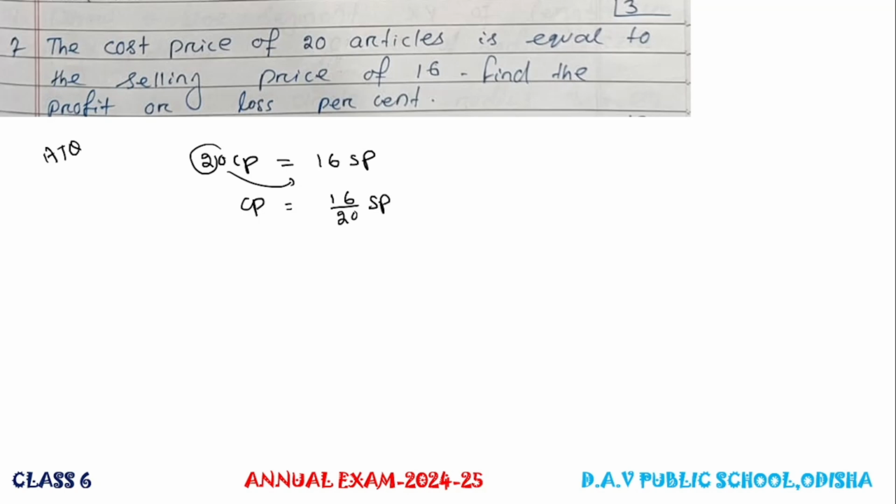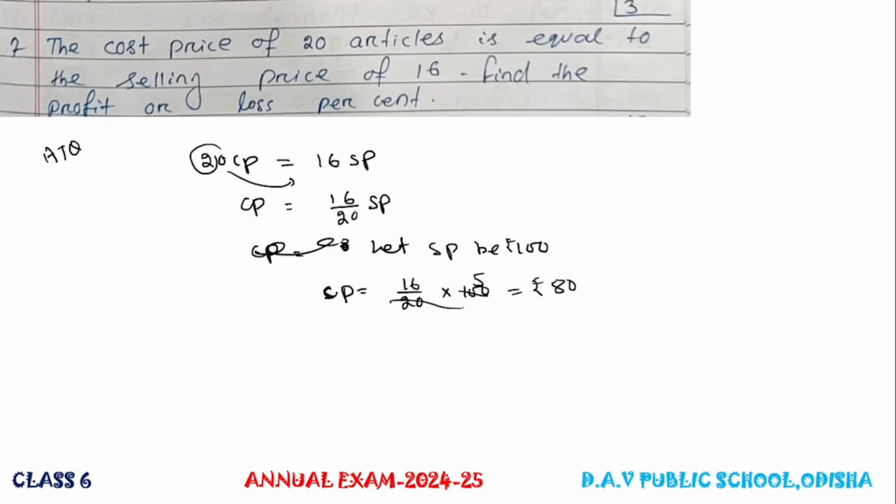So CP equal to 8 by 10, or simply let SP be 100 rupees. So tell me what is CP? Now CP is 16 by 20 into 100.